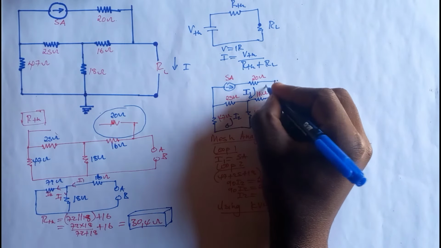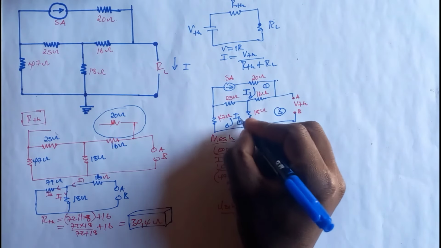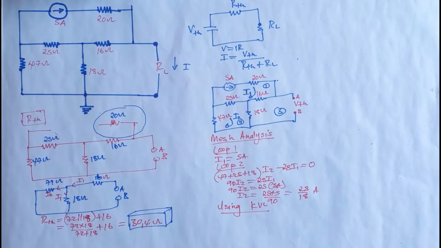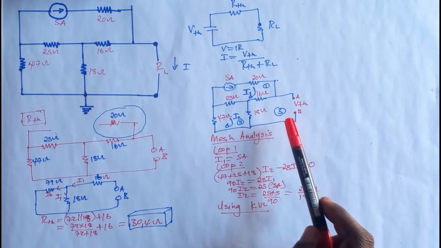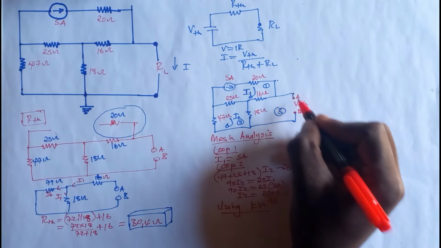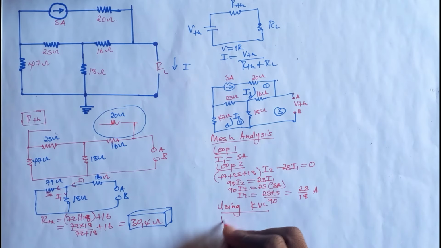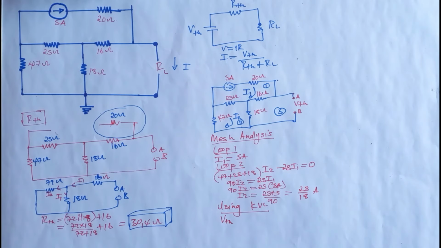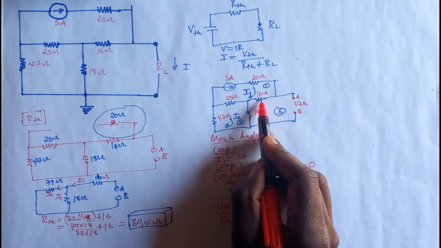We say this is loop 1, this is loop 2, and this is loop number 3. If we add all the voltages, we're going to get 0. Let's call the voltage at this point VTH, and we're going to lose some voltage here.